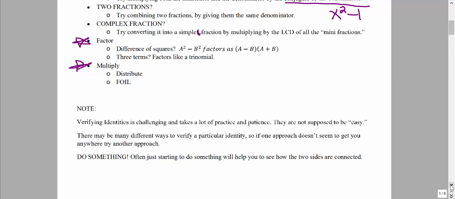Oftentimes, even if you pick a strategy that doesn't work, the idea of how you can actually verify the identity will come out of that process. So do something and then go from there. The worst thing that you can do is sit there and do nothing. So start with one of these strategies and make sure that you're practicing and practicing and practicing to gain confidence and experience with verifying these identities.